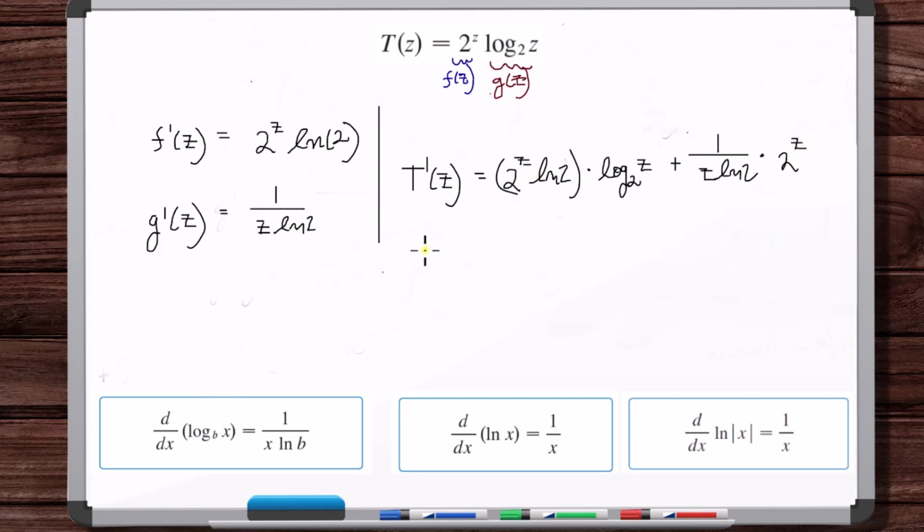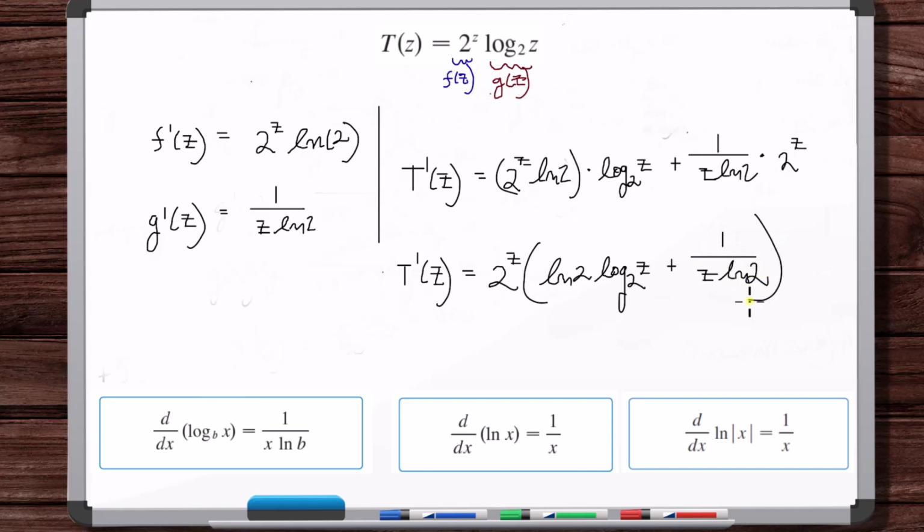Okay, so we can factor out a 2 to the z, and we're left with natural log of 2 times log base 2 of z plus 1 over z natural log of 2. Okay, now what can we do with this here? Well, we can use the change of base formula on this log base 2 of z.